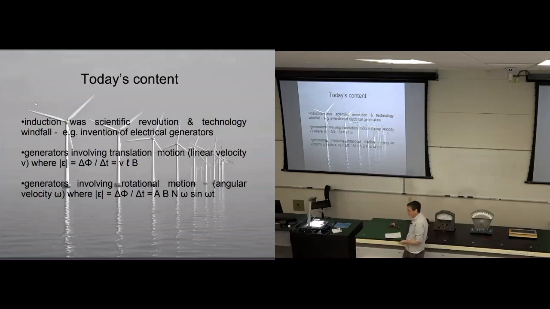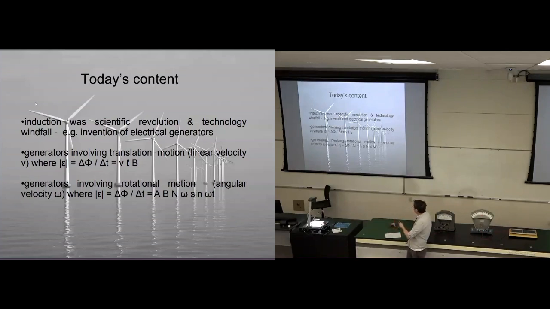We're going to talk about electrical generators that generate electrical currents, electromotive forces, and electrical power from translational motion, from kind of here to there. And then, second bullet, electrical generators that generate electrical currents and power from rotational motion.